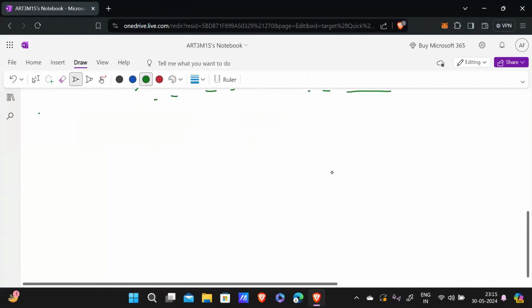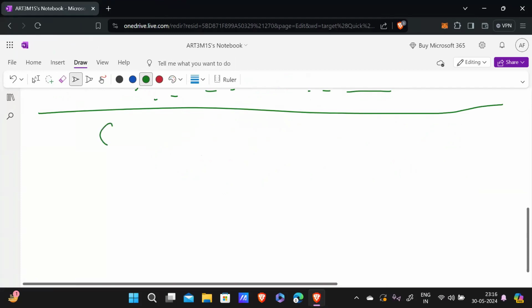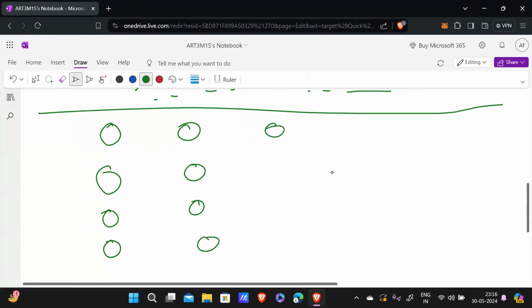What happens is that there is a new BFT consensus mechanism here. Consider these nodes as validators, and this is one particular round.